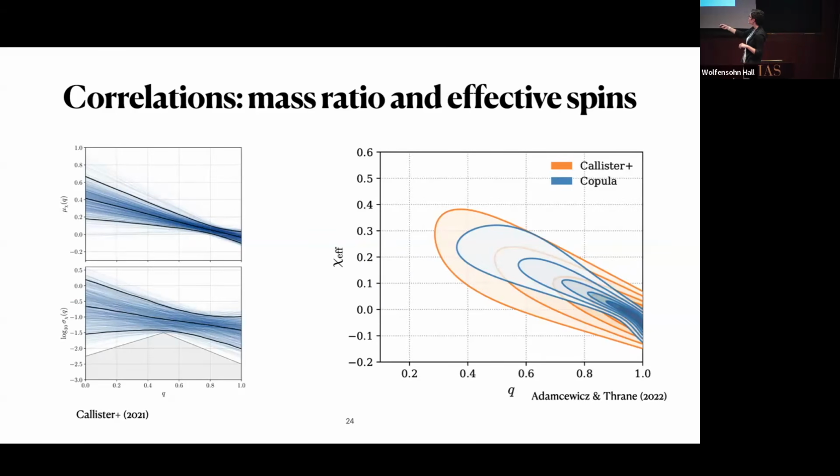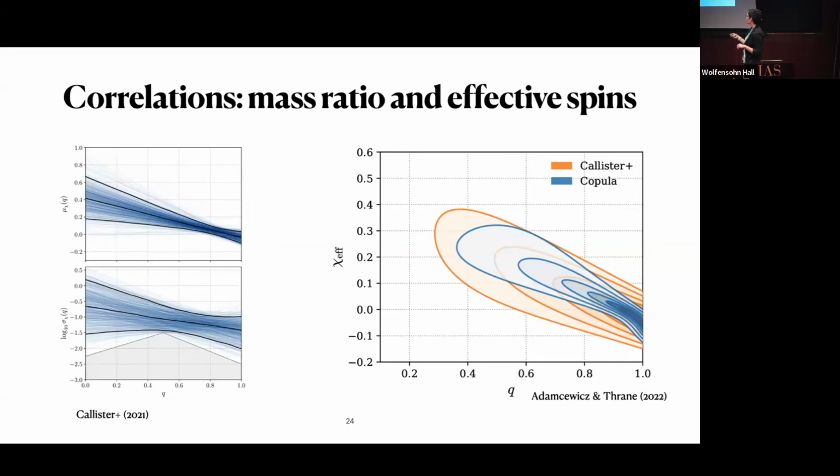This set of plots is showing their inference for the mean of the chi-effective distribution as a function of mass ratio, and the log base 10 of the standard deviation as a function of mass ratio.